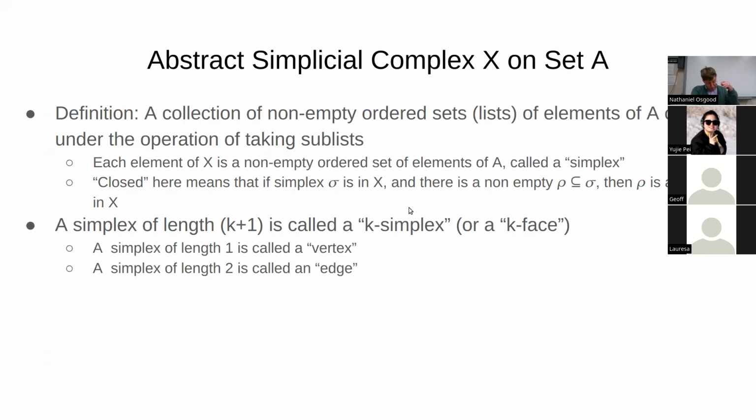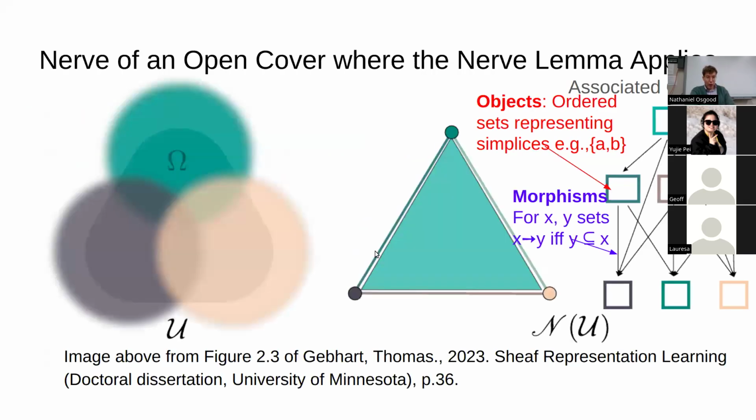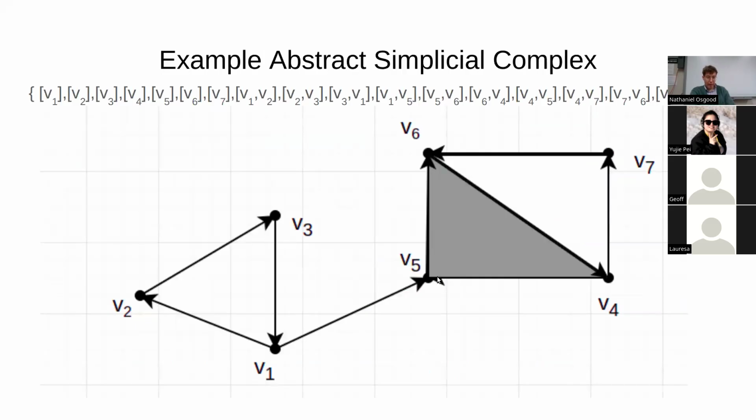All the vertices themselves have to be in this, but we can have these higher dimensional simplices, but all subsets of them, so to speak, have to be in it as well. And I want to draw your attention to the fact that vertices are 0 simplexes, edges are 1 simplexes, even though there are 2 vertices to make them up.